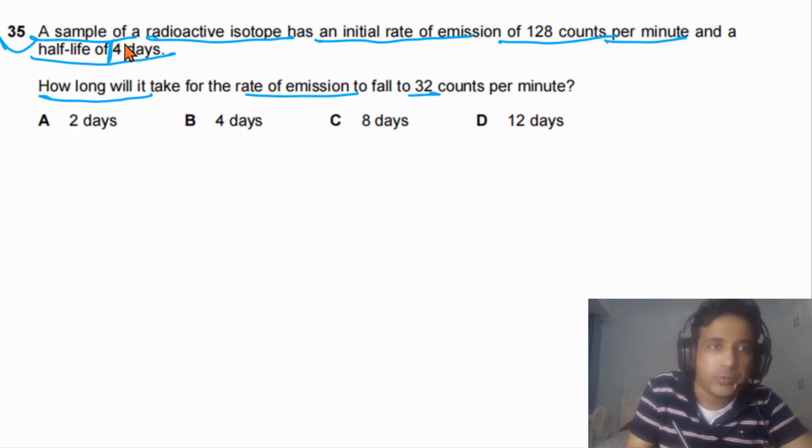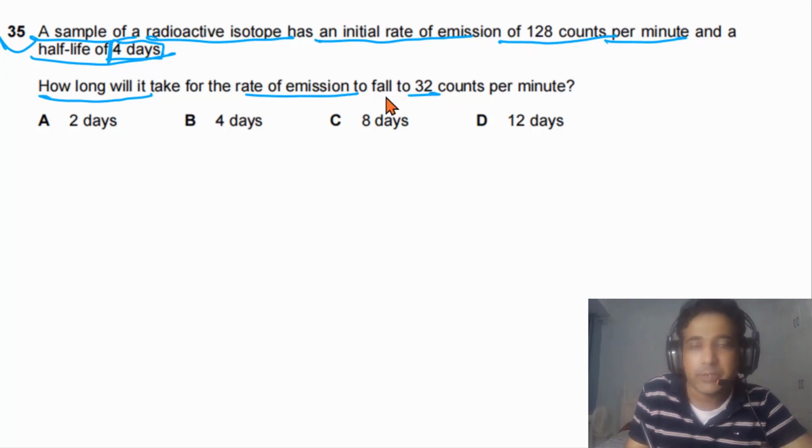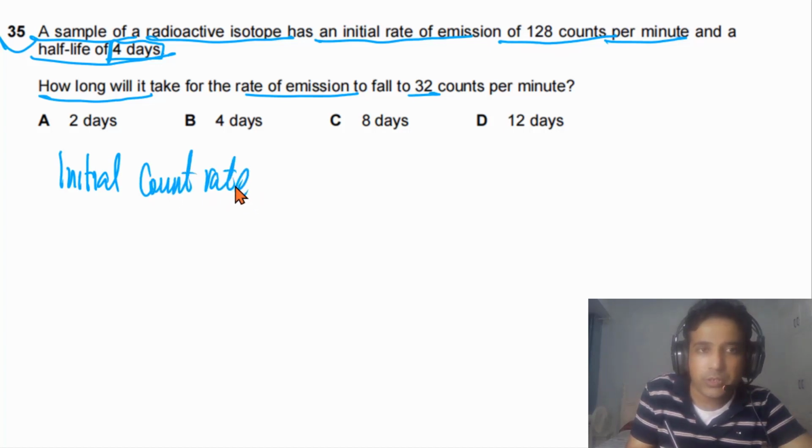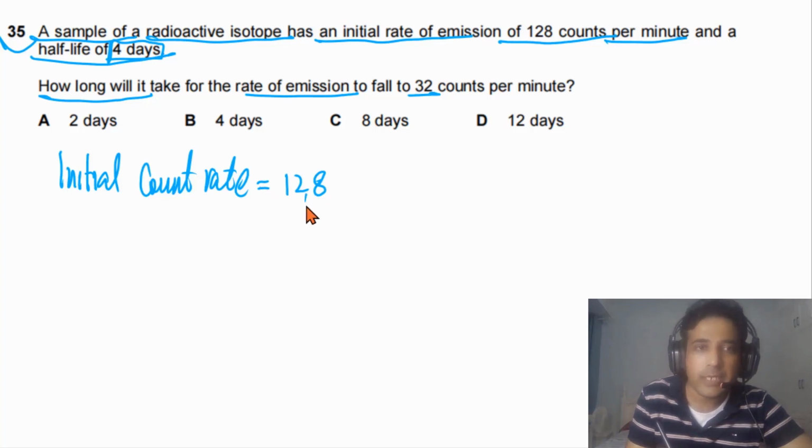In this case we have the half-life and the initial count rate. The initial count rate is equal to 128 counts per minute. After one half-life, this will be equal to 64, and after another half-life, this will be equal to 32.